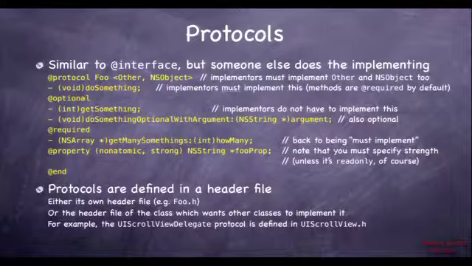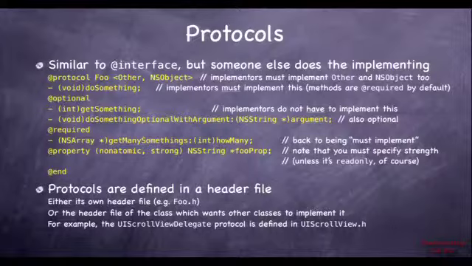But a lot of times, there's only one object that actually wants to talk to objects that implement a protocol, and so you'll put this protocol in its header file. For example, scroll view, an iOS class we haven't really talked about, but you can imagine what it does. It has a delegate with about a dozen methods that it can send to its delegate, and it defines those in a protocol that's defined in scrollview.h.